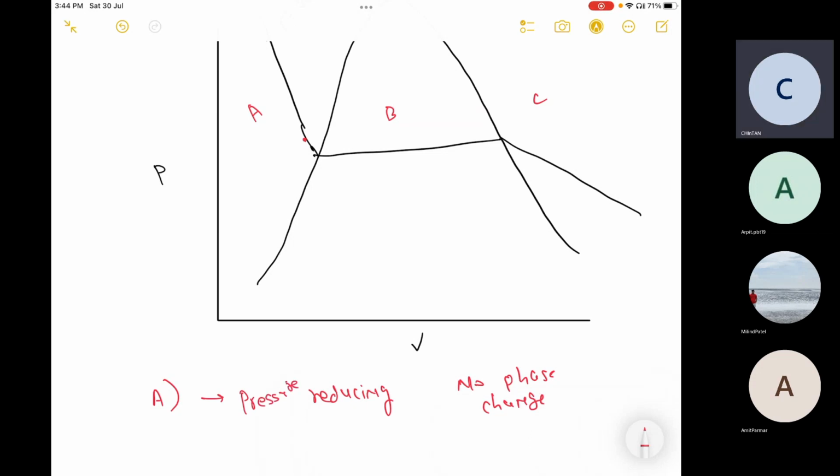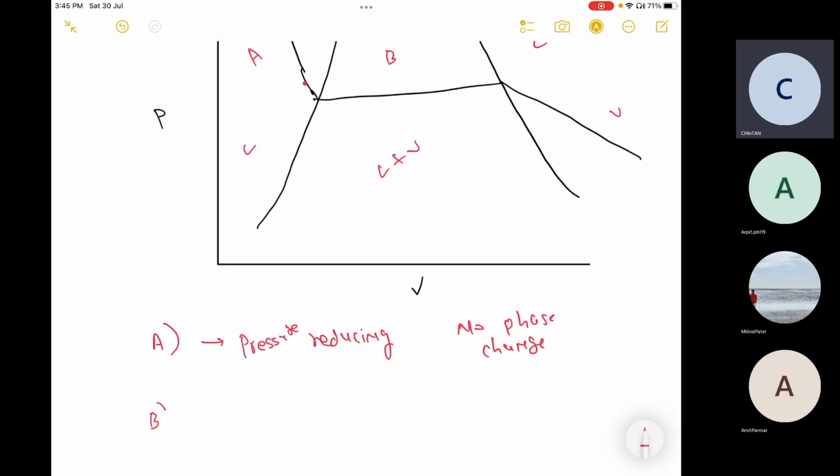Any phase change are you observing in A zone? No, this is liquid plus vapor, this is liquid and this is vapor. Okay, this is C. So no phase change. In B zone, what's happening? Pressure is constant and we are changing the phase.